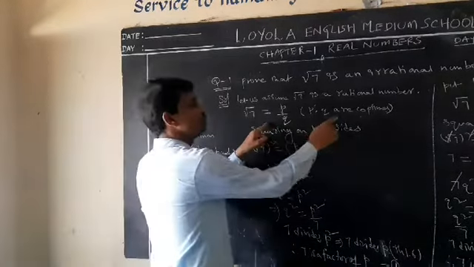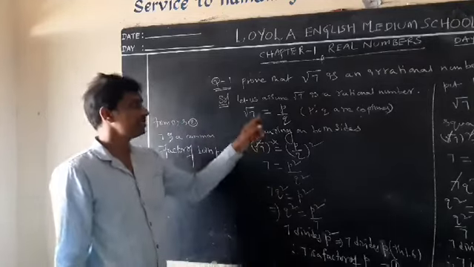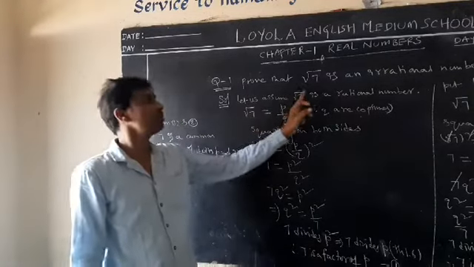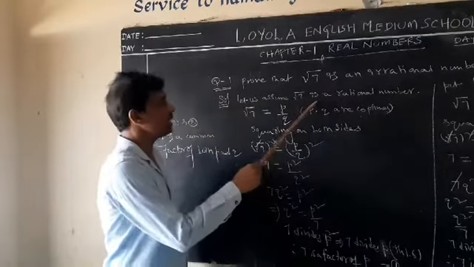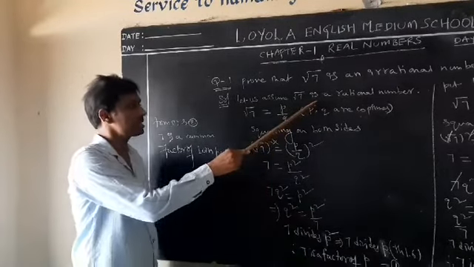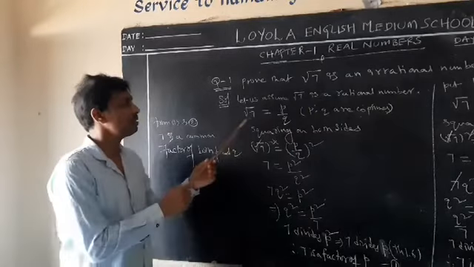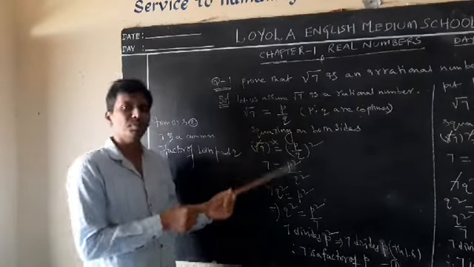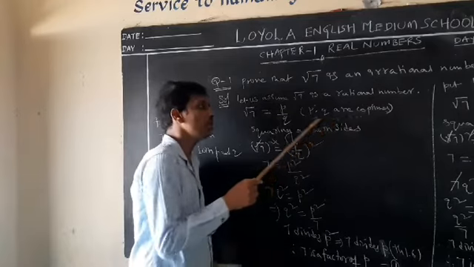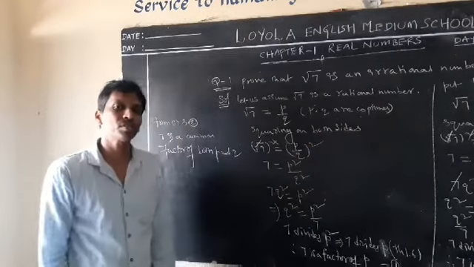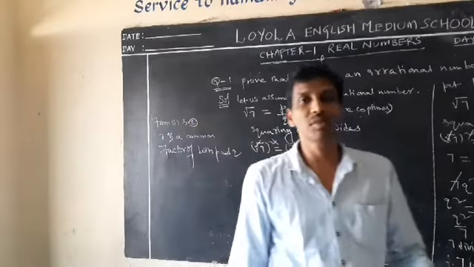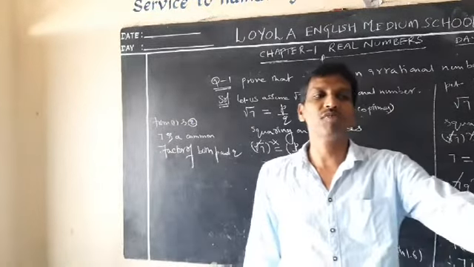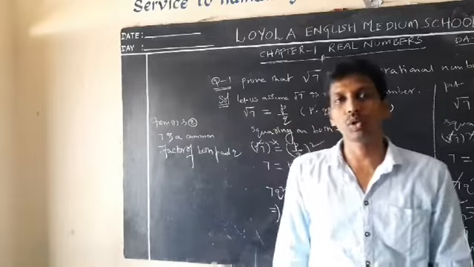Once go through our assumption here. Let us assume root 7 is a rational number. When we assume root 7 is a rational number, we took root 7 is equal to p by q, and within brackets we wrote p and q are co-primes. What is meant by co-primes? The numbers which have only 1 as the common factor are known as co-primes.